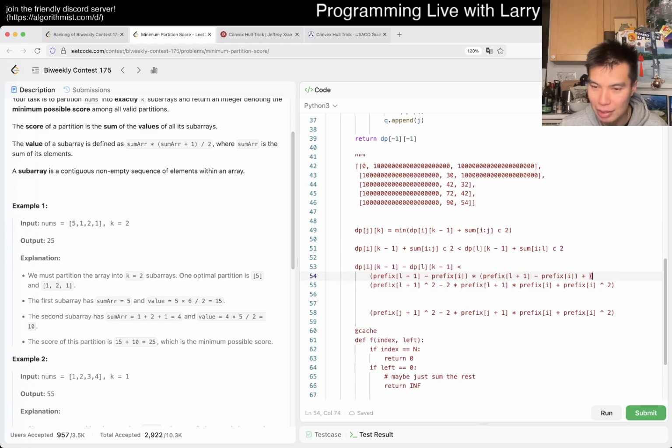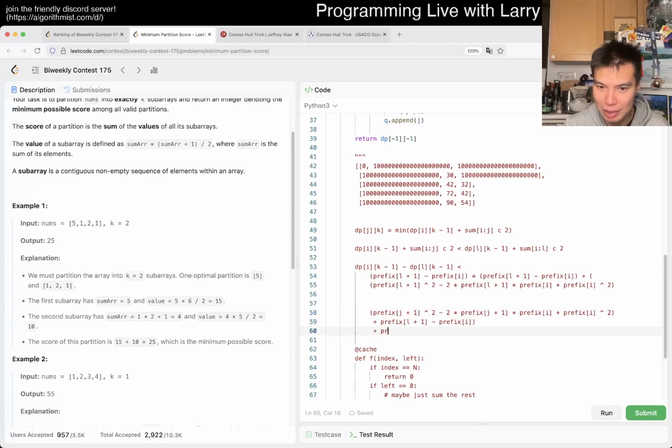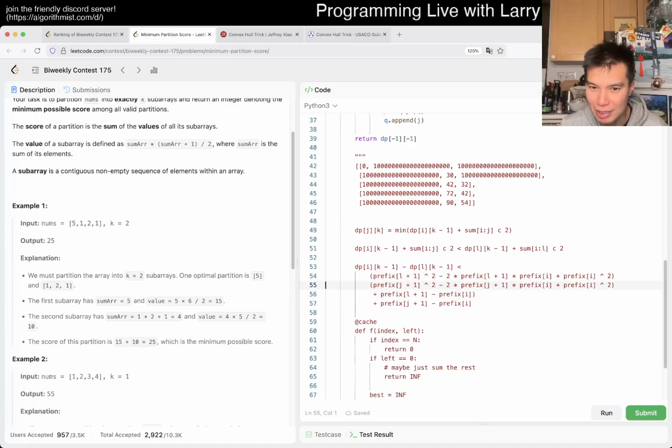Okay, fine, right? So then it's this plus this part, which will bring to another part, like here, and then plus prefix j plus 1 minus prefix i, which is probably right? Okay, so you have these things. I think this is subtraction, right?